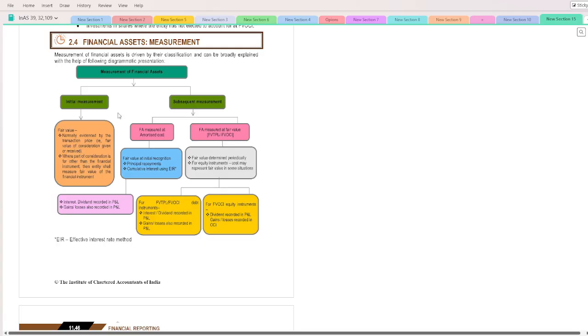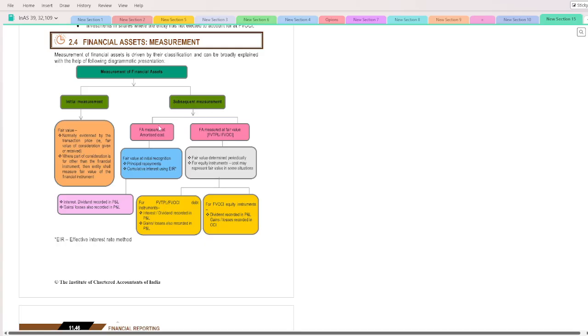We will discuss this later, in the coming pages. But the takeaway here is that you need to record the transaction of the financial asset at the fair value in the initial measurement.